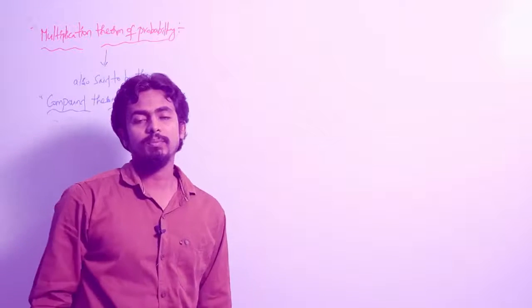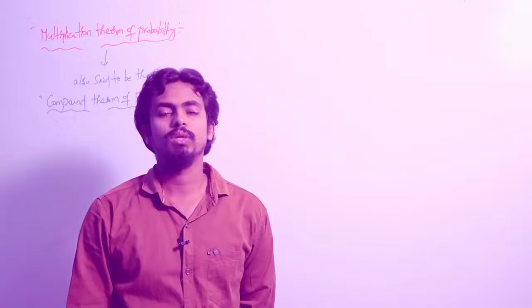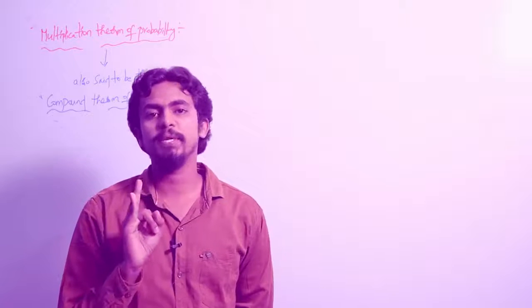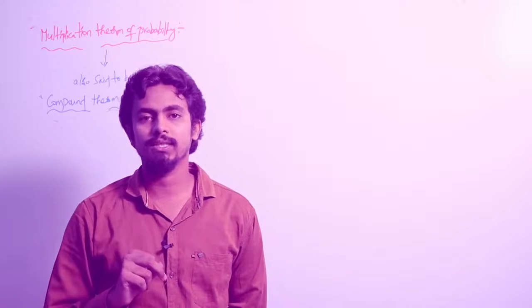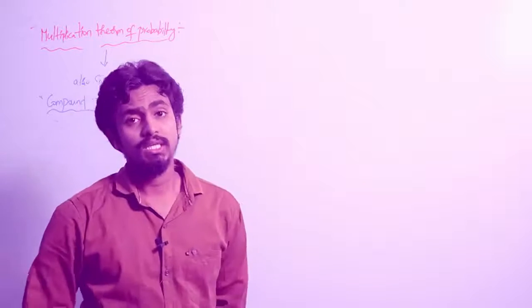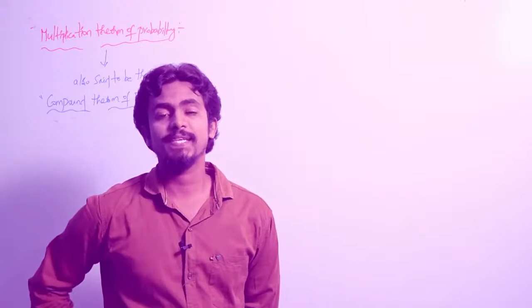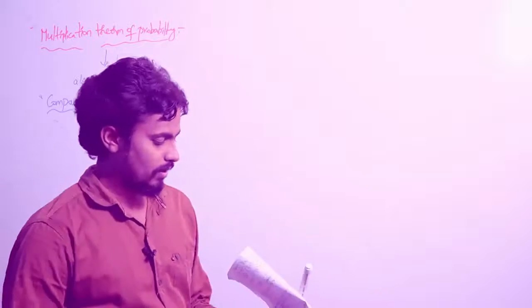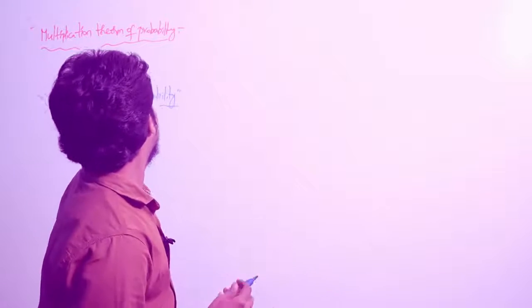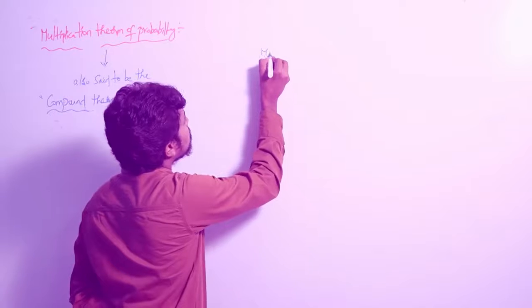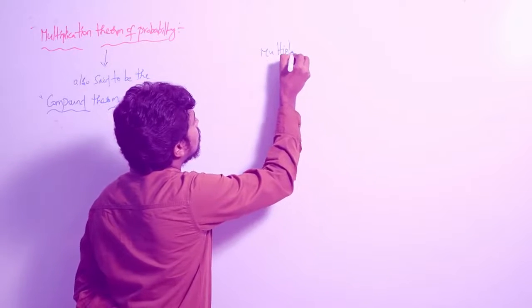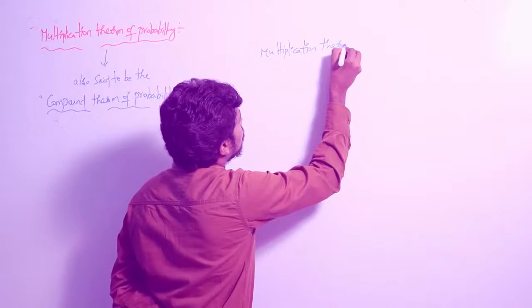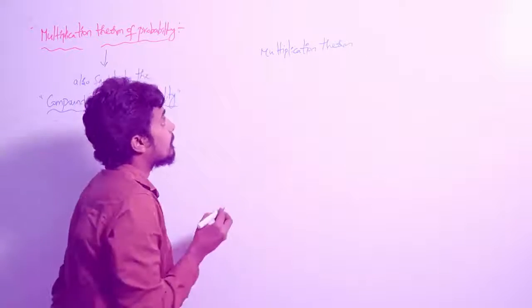In this multiplication theorem, that will be divided into three types of events. That will be the compound event, next the dependent event, and third the independent event. Let's see all of those three different types of events with examples, and we have to solve some problems. This multiplication theorem is divided into three parts.